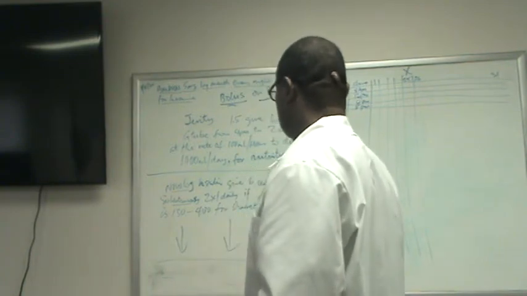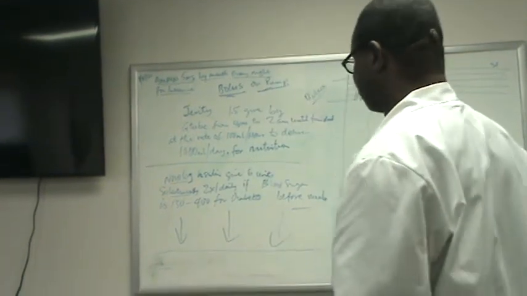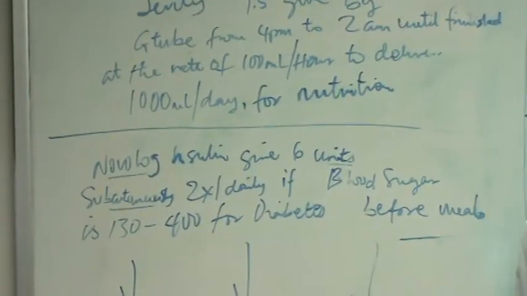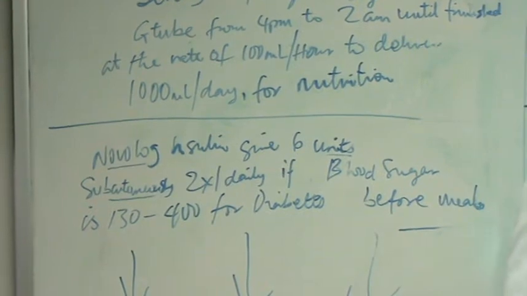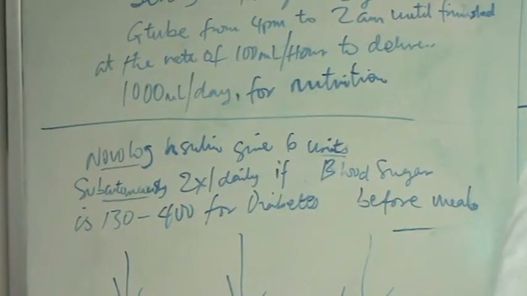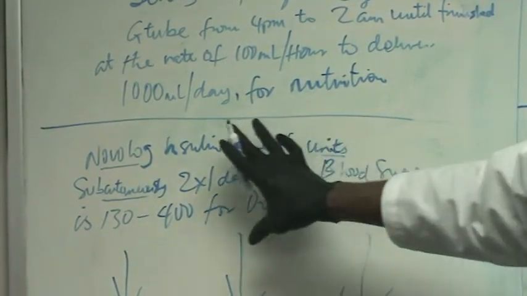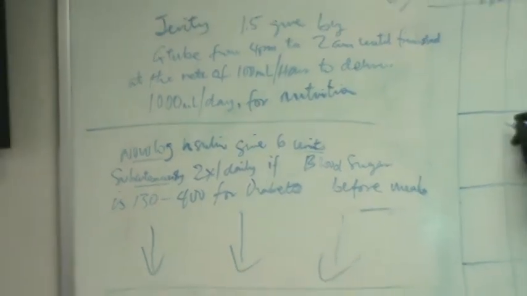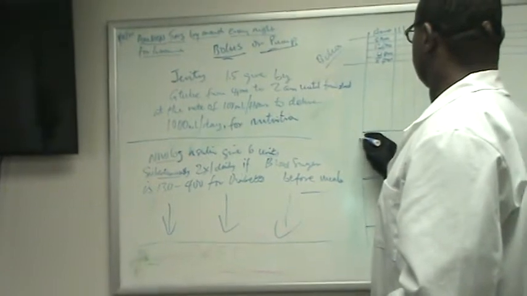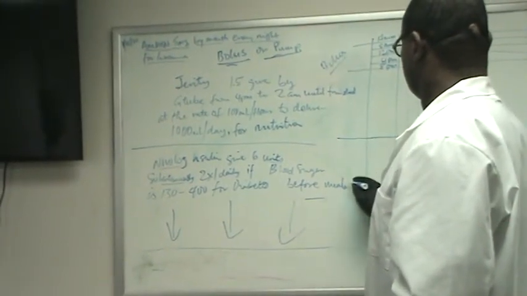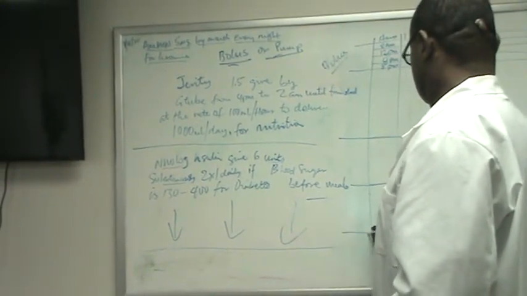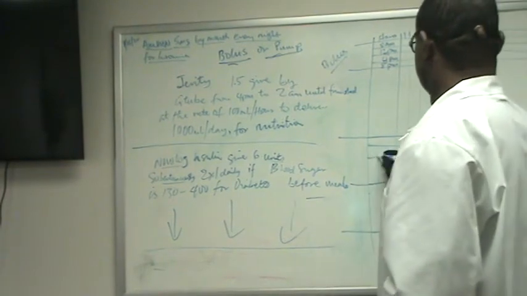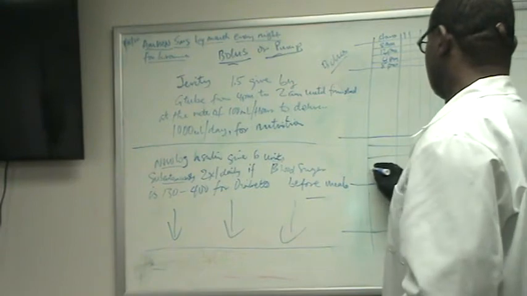Okay. So let's put it on the MAR. You always have to know how to interpret your doctor's order and transfer it correctly to the MAR. Okay. So I think there's a sample like that on the video, right?